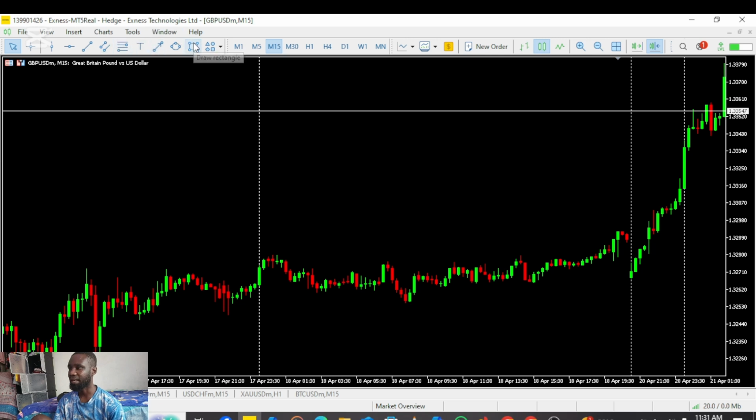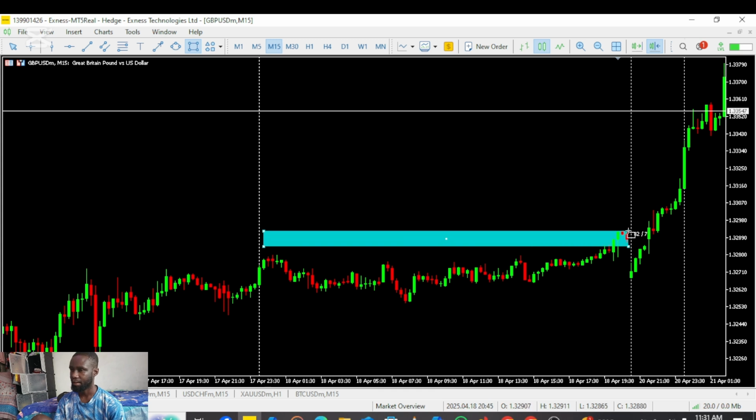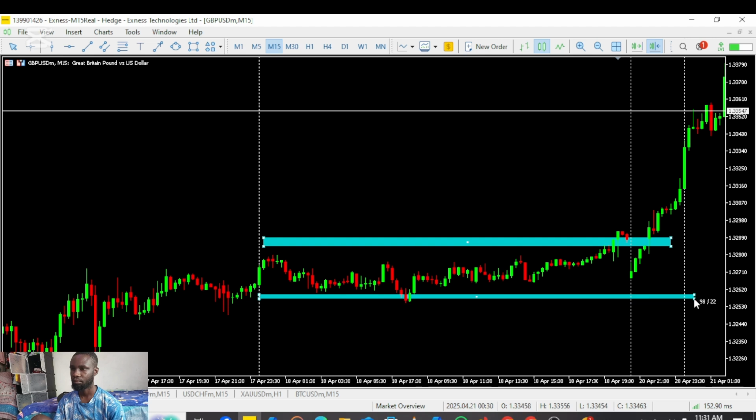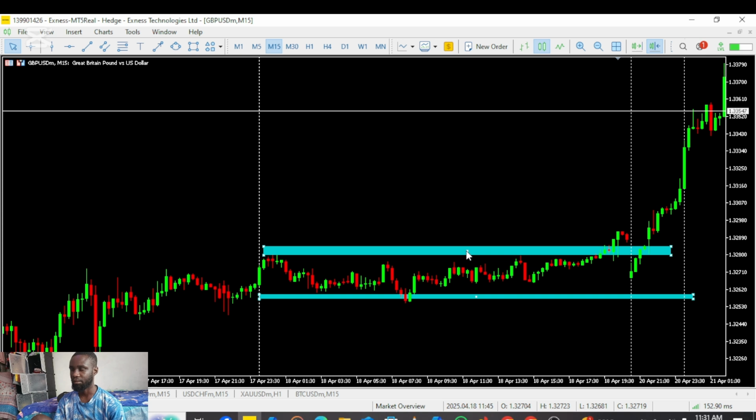So for this market, you can't buy nor sell. You can't buy this market or sell until the candle breaks this zone, like this one.